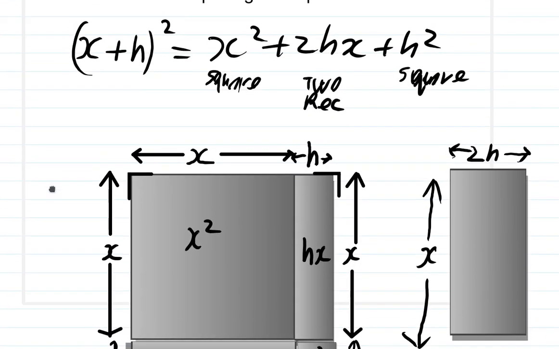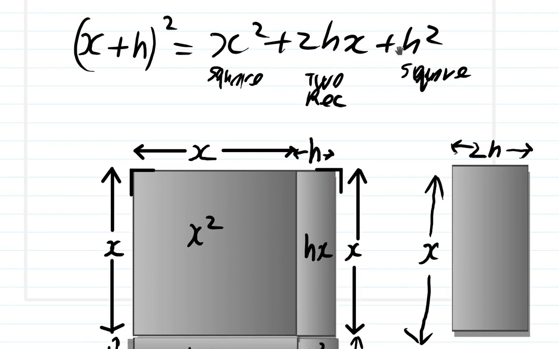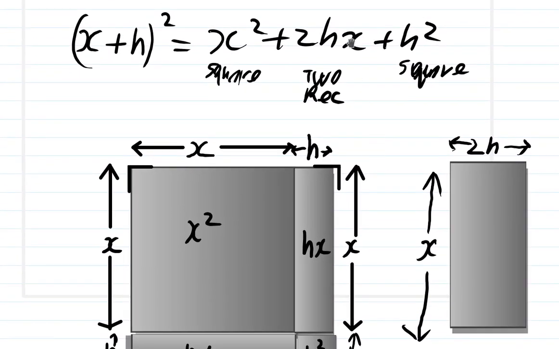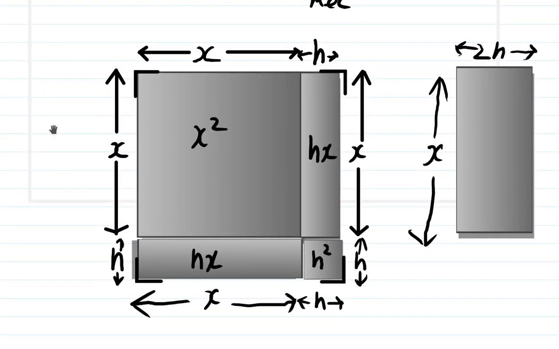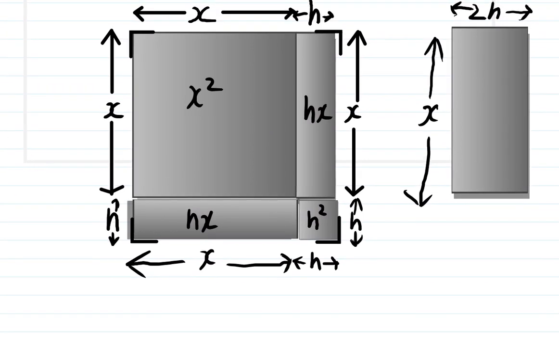You see that? X squared plus 2hx plus h squared. 2hx is hx and hx. Now the area of this square is x squared plus hx plus hx plus h squared. So therefore, we have completed the square. It's now formed a perfect square.